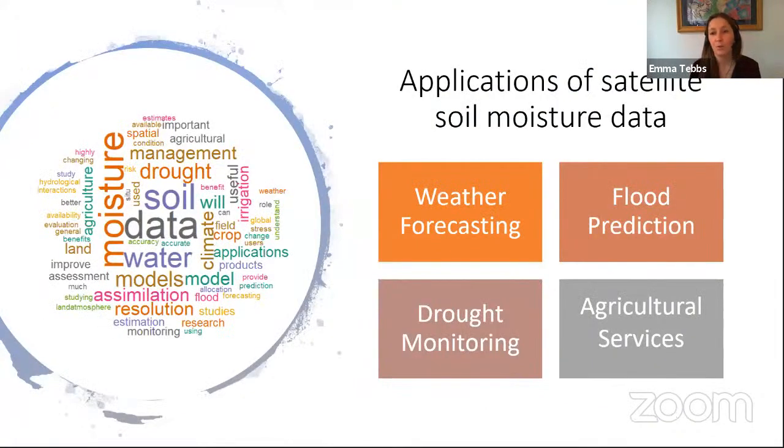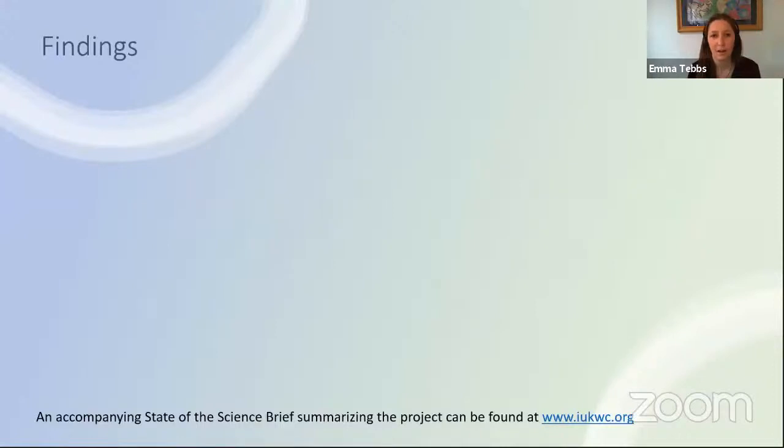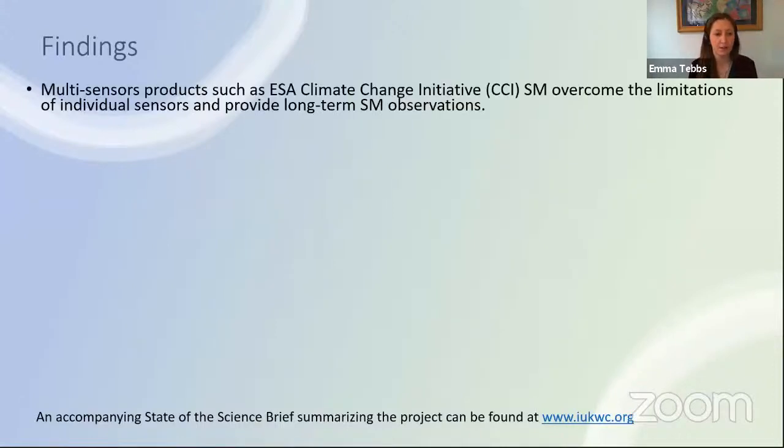And so what we found was that there's a huge range of potential applications of this satellite soil moisture data. Some of the main ones that were identified through the literature review were use in weather and climate forecasting, flood prediction, drought monitoring, and agricultural services, so things like irrigation management. And then some of the key findings from this study.